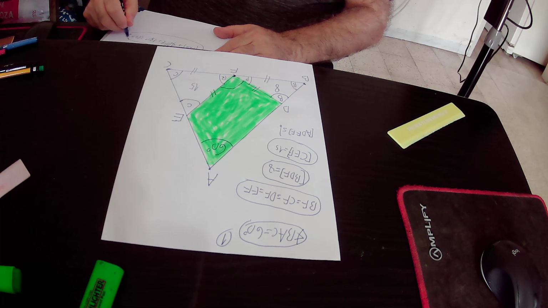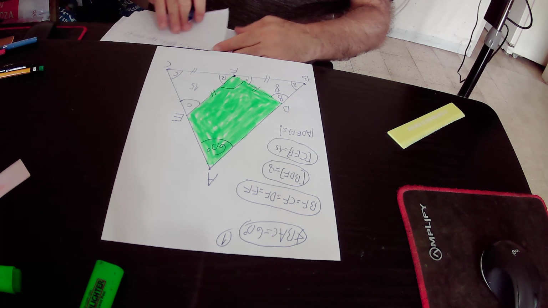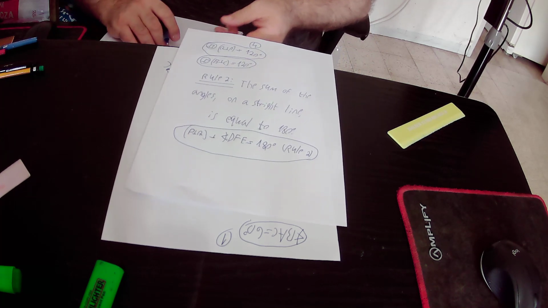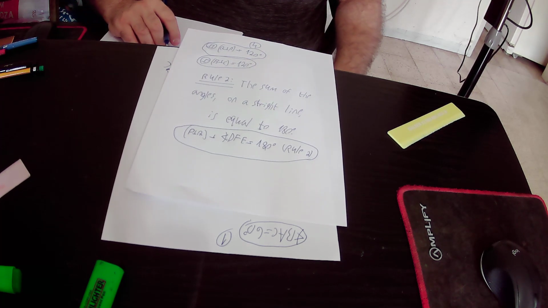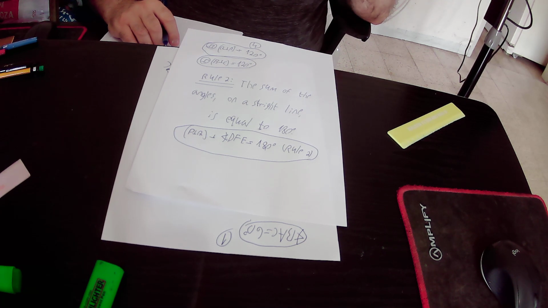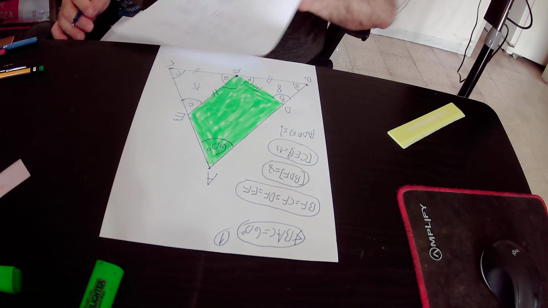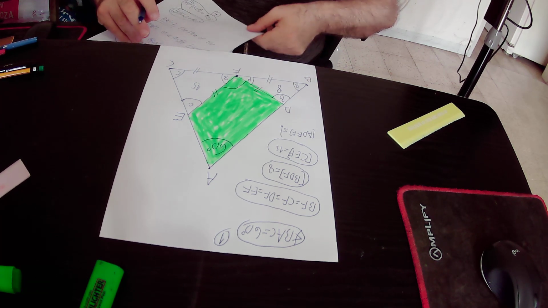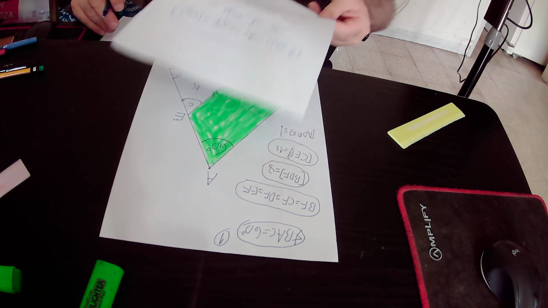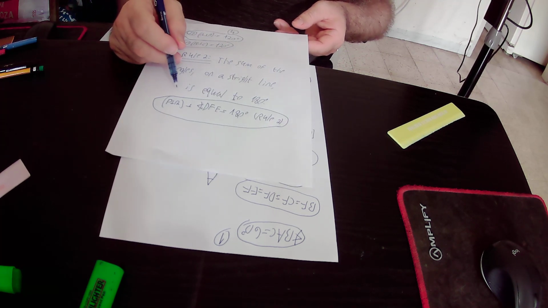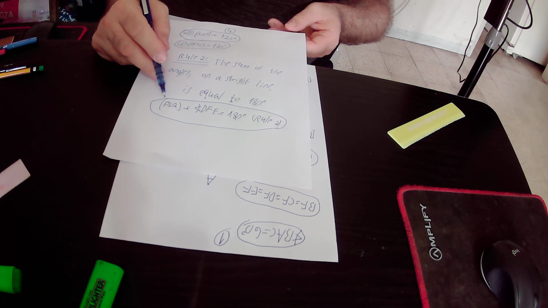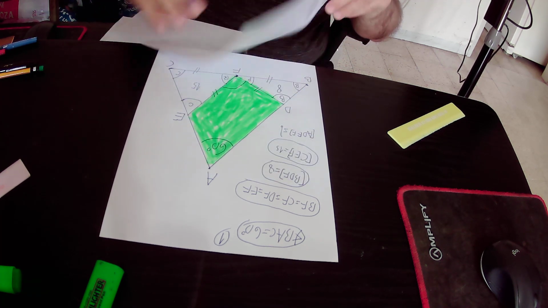Okay, according to rule number 2, P plus Q plus the size of angle DFE must be equal to 180 degrees, according to the rule that the sum of the angles on a straight line BC equals 180 degrees. So we know that P plus Q equals 120 degrees, so we can substitute P plus Q by 120 degrees.